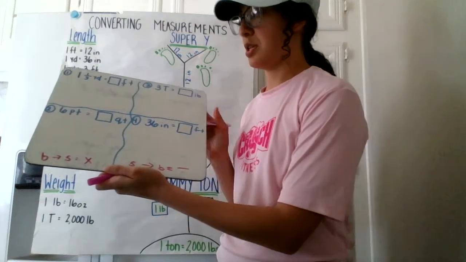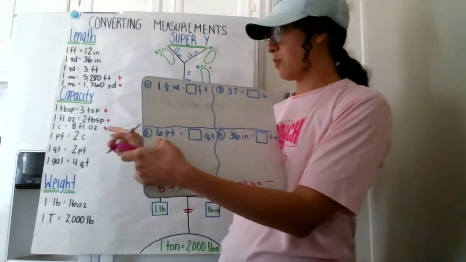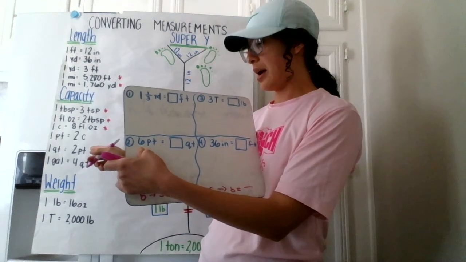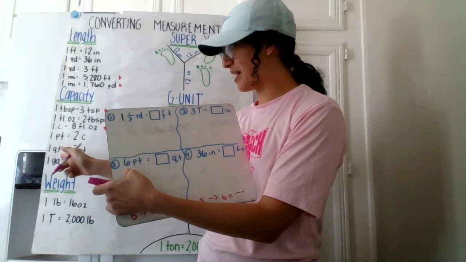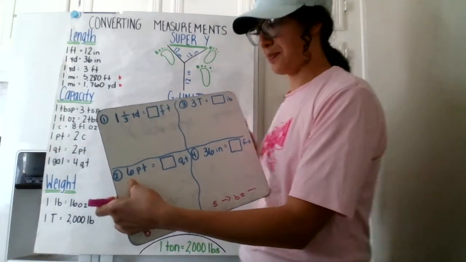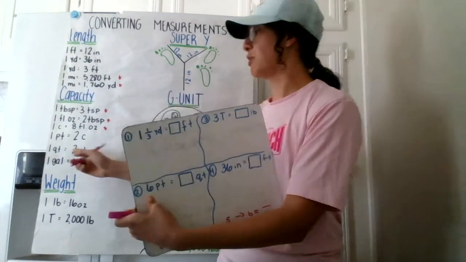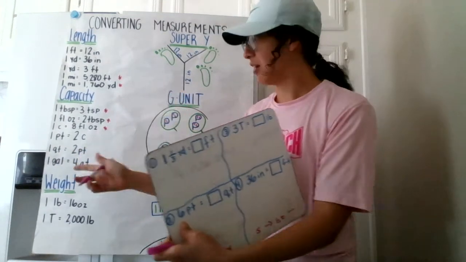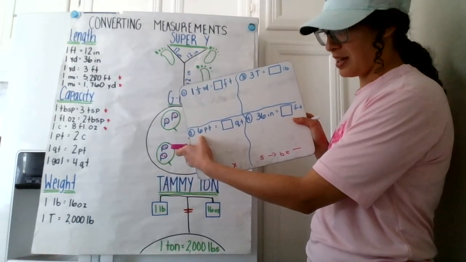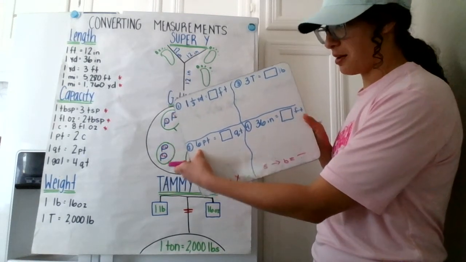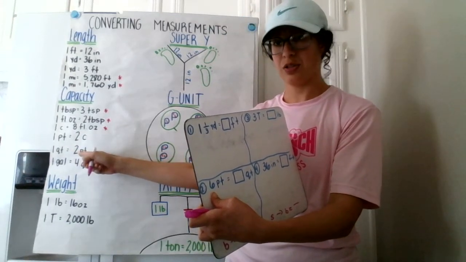So I'm going to take 6 pints, and I'm sorry, in 1 quart I have 2 pints. Duh. In 1 quart I have 2 pints. So I'm going to take my 6 pints and divide it by what number? 2, right?